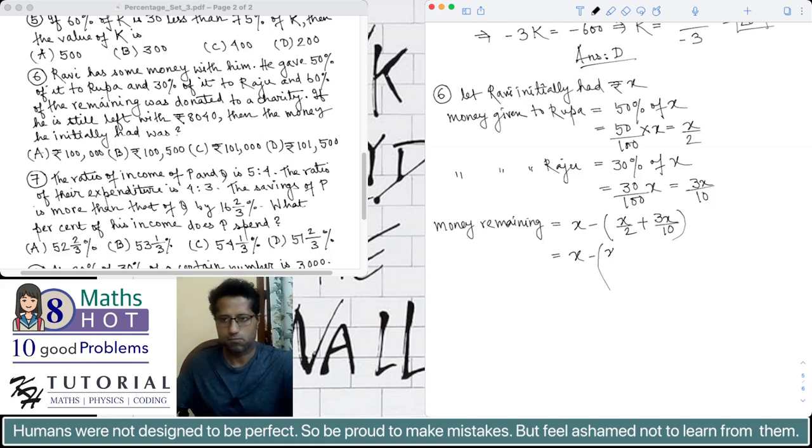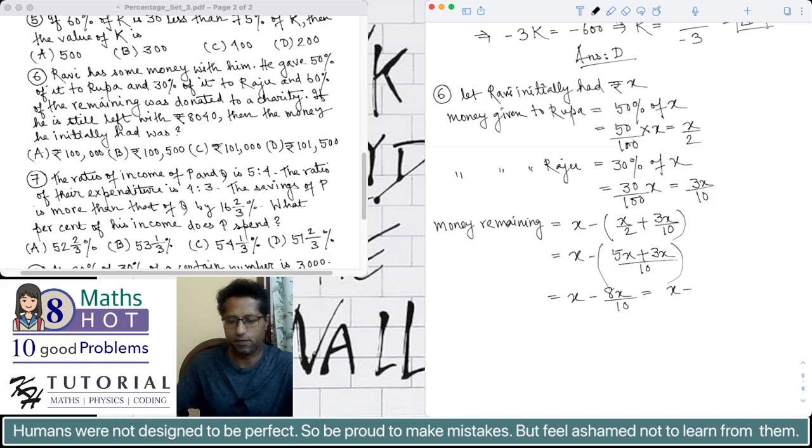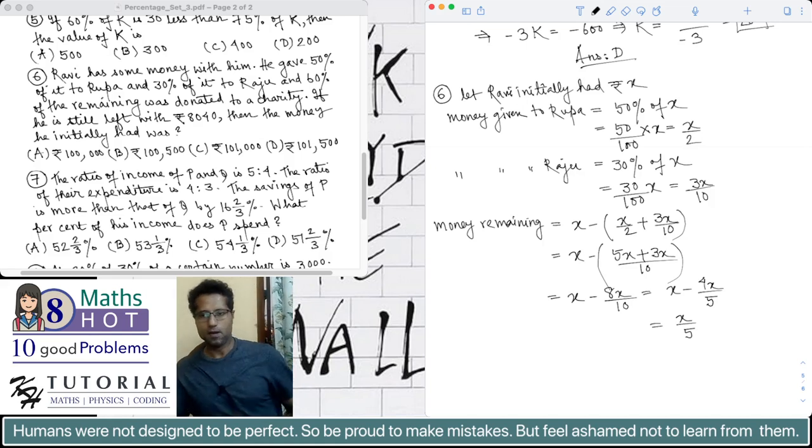This will become 5X plus 3X by 10. This is equal to X minus 8X by 10. Now 8X by 10 can be further simplified as 4X by 5. This is equal to X minus 4X by 5, which is X by 5. So this is the amount of money remaining after 50% was given to Rupa and 30% was given to Raju.